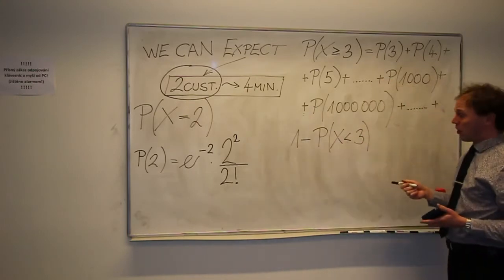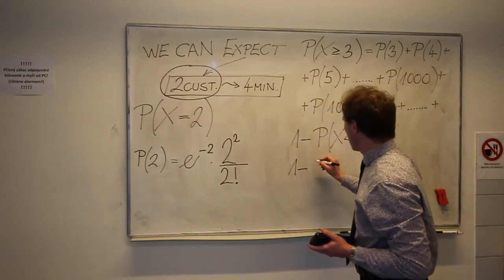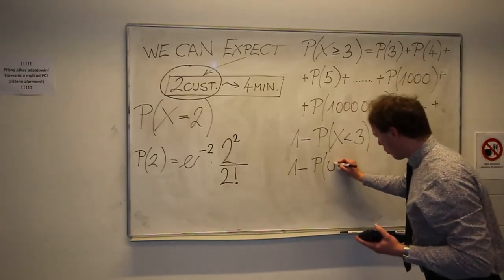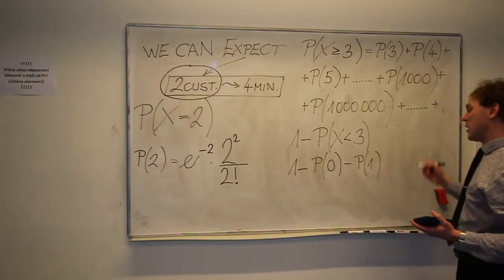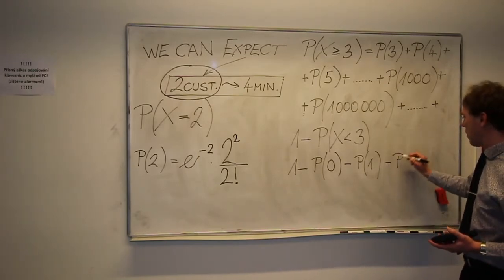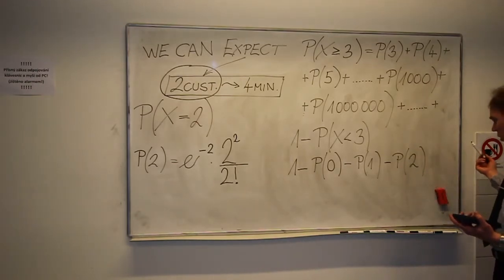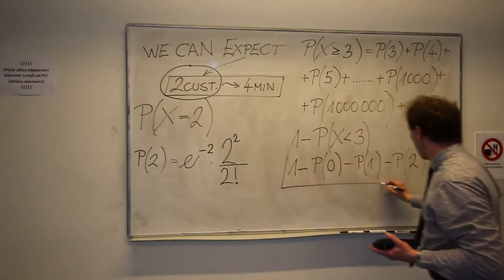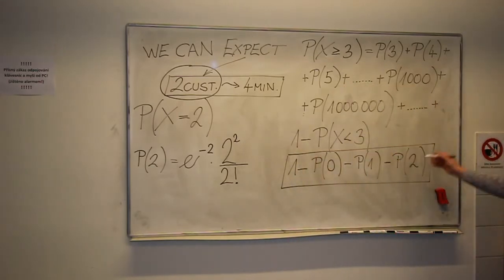This will be more comfortable because this will be calculated like 1 minus the probability that nobody comes to your store, minus the probability that you will see 1 customer, minus the probability that 2 customers arrive. 3 is already acceptable, so this is the end, yes? So it's necessary to calculate 3 probability functions, yes?